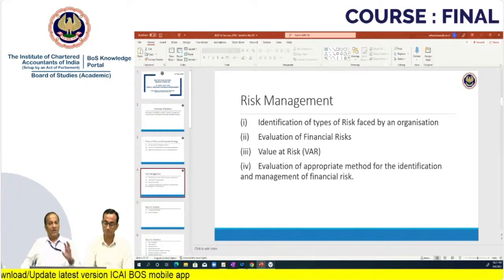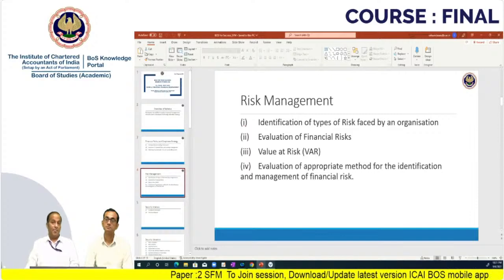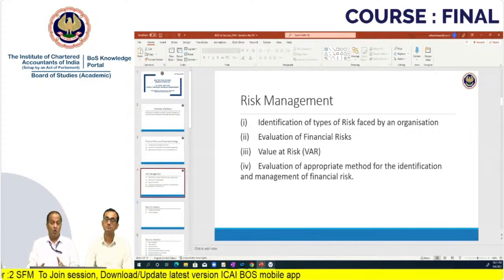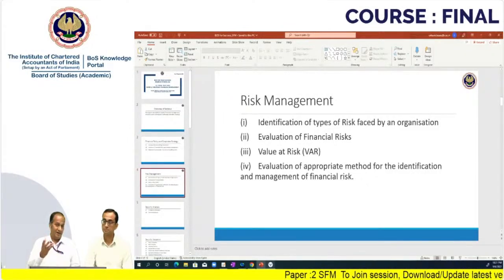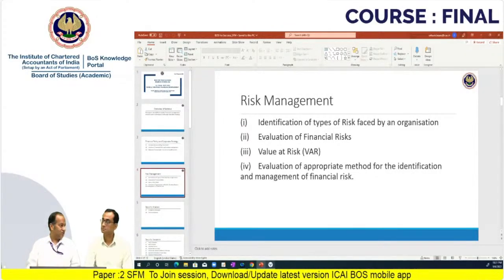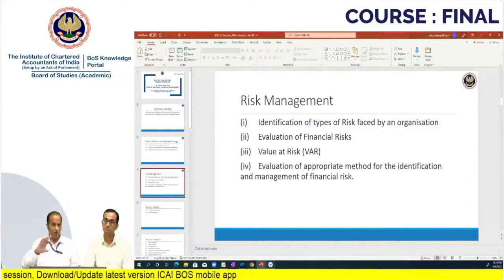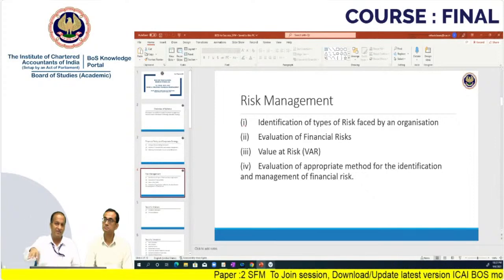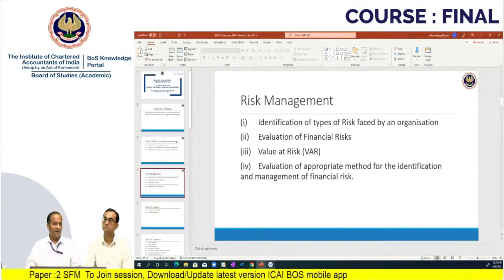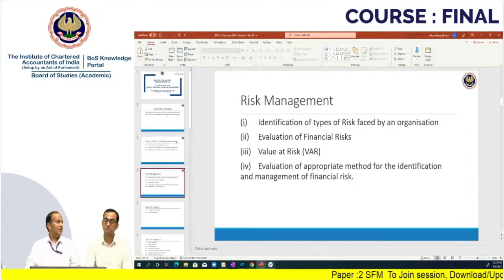Because frankly speaking, students, you must have studied in your macroeconomics paper that no bank holds the whole cash in its chest. This is called your cash reserve ratio, and normally this is hovering around 5 to 10%. Now suppose 100% of depositors reach there to get their cash back, ultimately the bank will fail. So liquidity management is also very important.